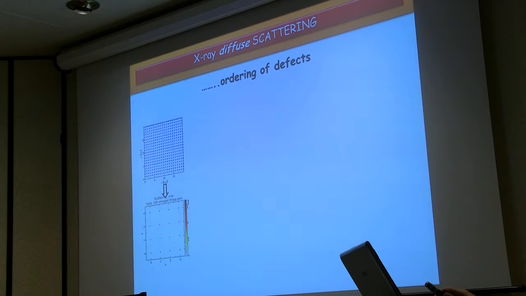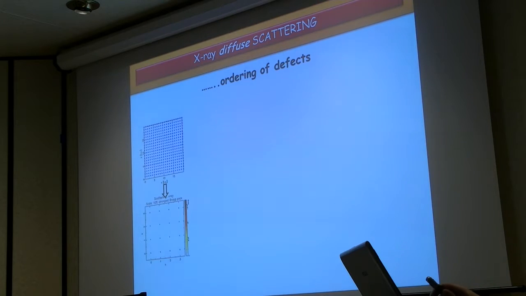I would like to show you some examples. This is a perfect structure, with a perfect lattice. If you do X-ray diffraction of this simple structure, you collect a single Bragg spot. No surprise.